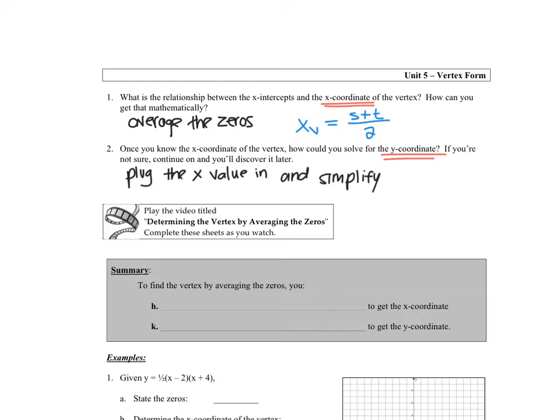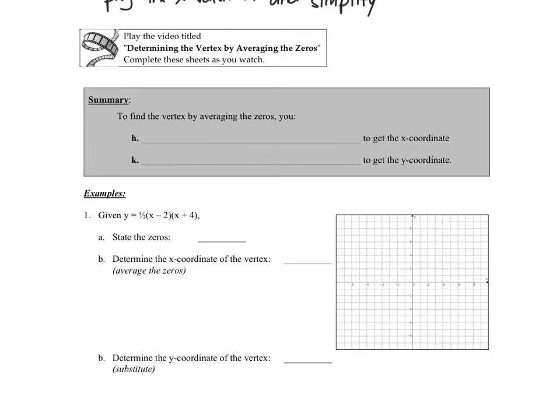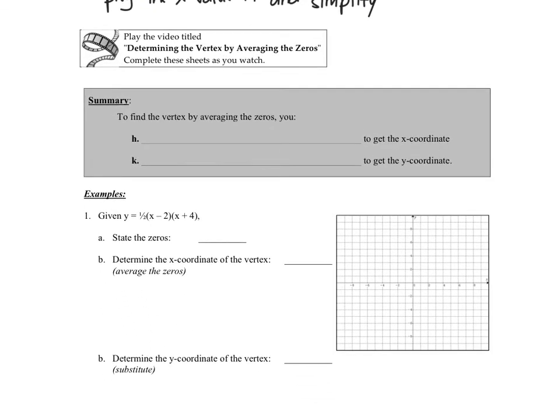Okay, so let's put that information into a nice summary box. Okay, so average the zeros to get the x-coordinate. And if you want to make a little note of what that means, add them and divide by 2.